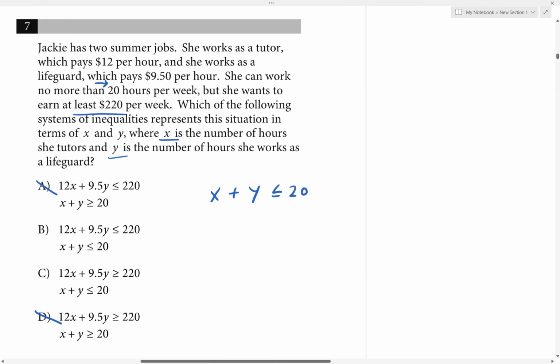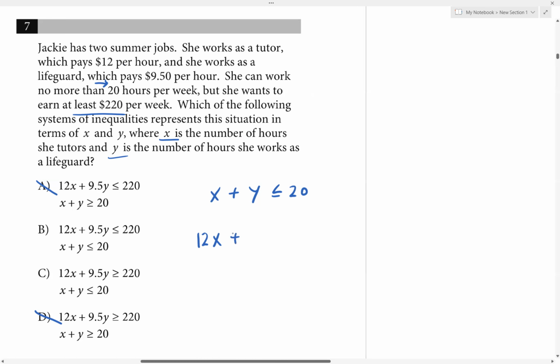So the total amount of money we had to say is, right, so for each hour she tutored, $12. So it'd be the total amount of money she earned by tutoring had to be 12 times X. Right? For whatever X is, we multiply by 12. That'll give us a total for the amount that she earned for tutoring.